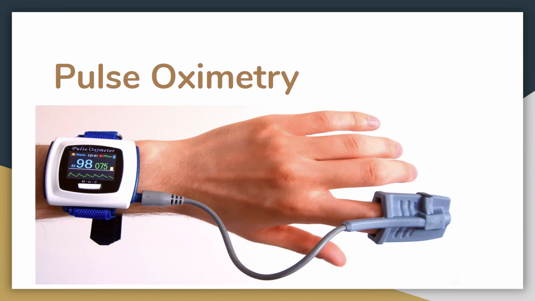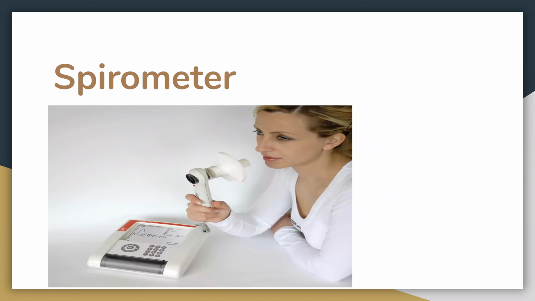One of these tests could be pulse oximetry, and it basically tests the oxygen level in your body. And a spirometer is a testing device where you blow in and it tests your lung capabilities, your breathing capabilities.